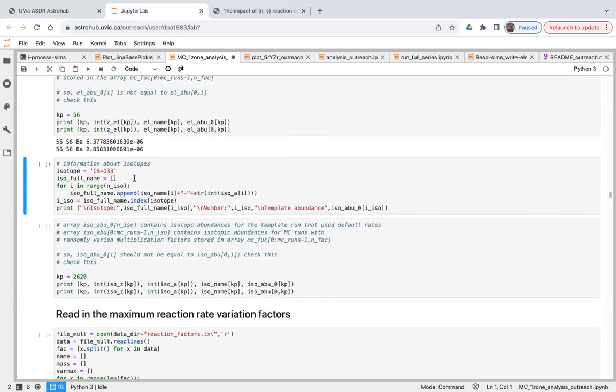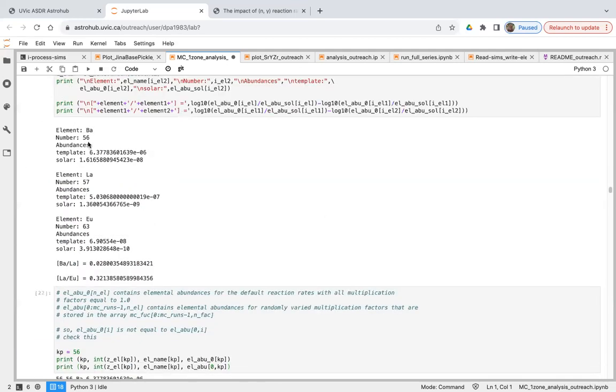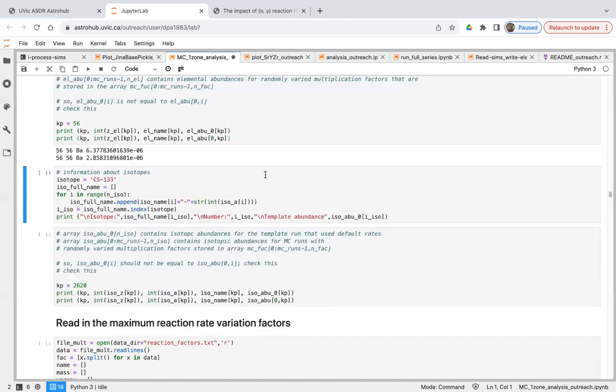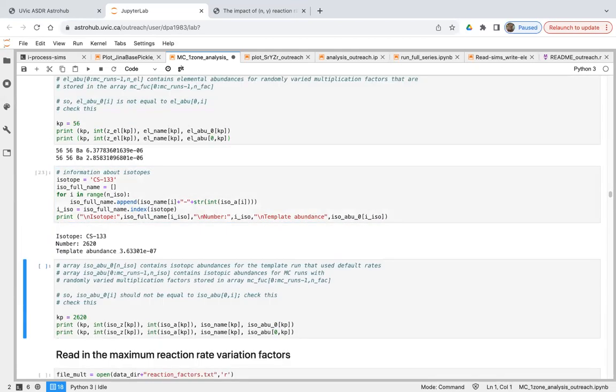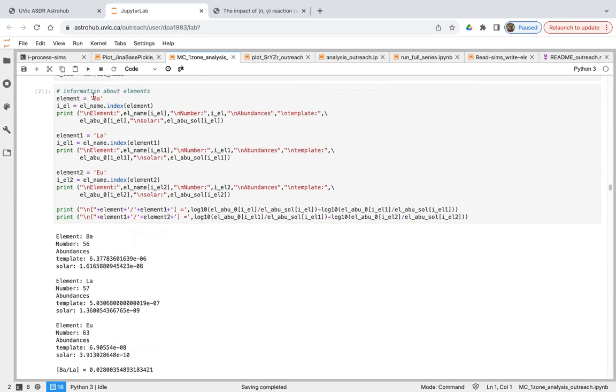The next cell here gives information about isotopes. So here we had elements, and here information about individual isotopes. For instance, you can change the name here, but please use the right letter case: both capital letters for isotopes, and for elements only the first letter is capital.